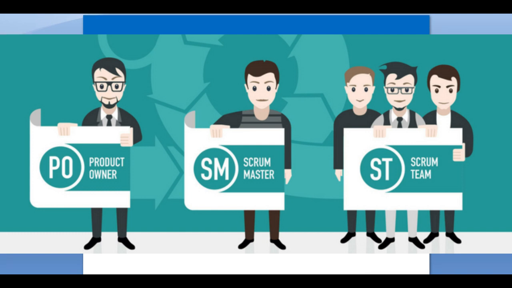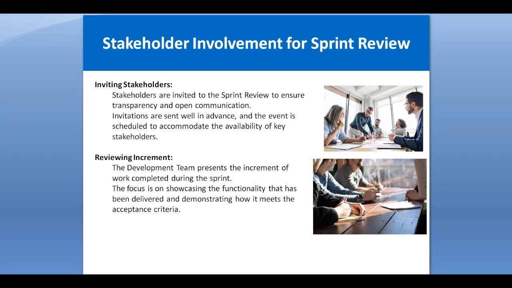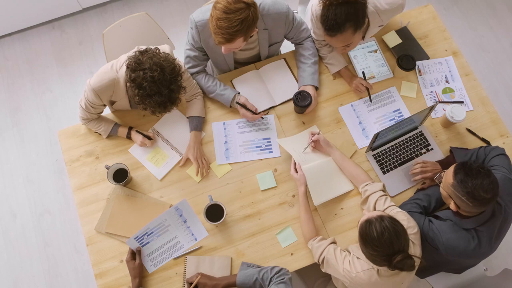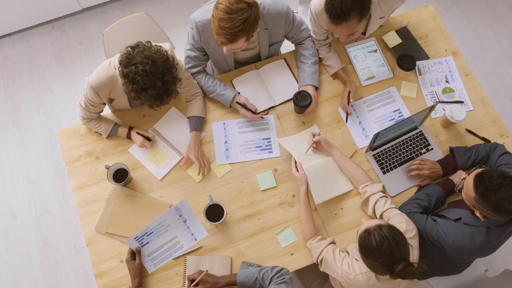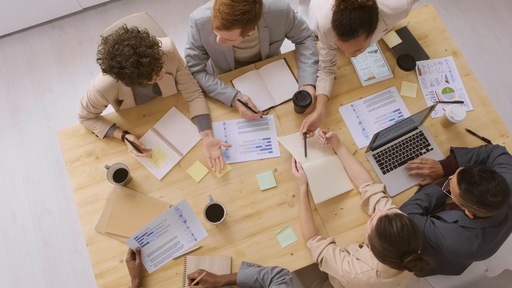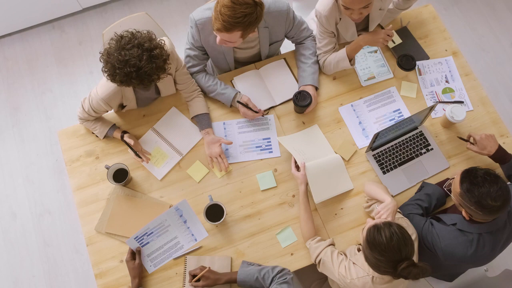Then, inviting stakeholders means that whenever we have a planned meeting for the sprint review, we send an invite to the stakeholders to ensure transparency and open communication. Invitations are sent well in advance. You can use a meeting invite, or you can send a letter as well, and the event is scheduled to accommodate the availability of key stakeholders.